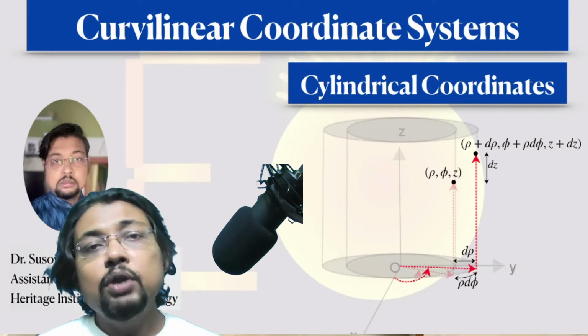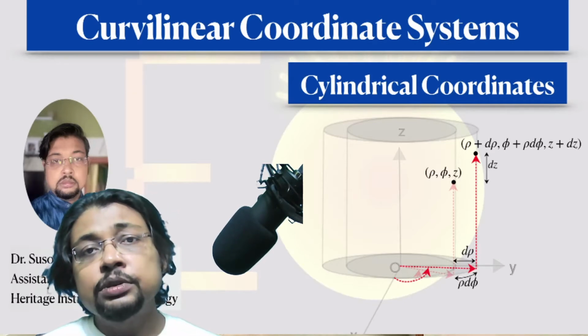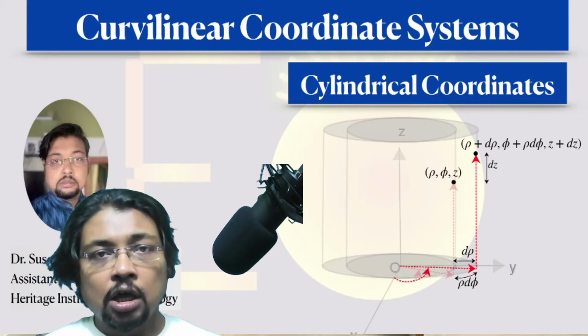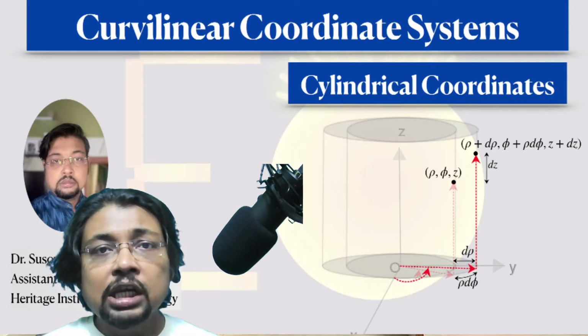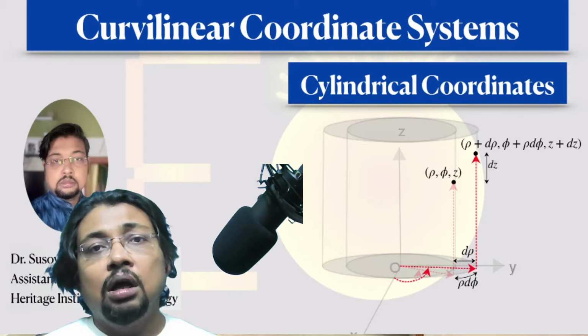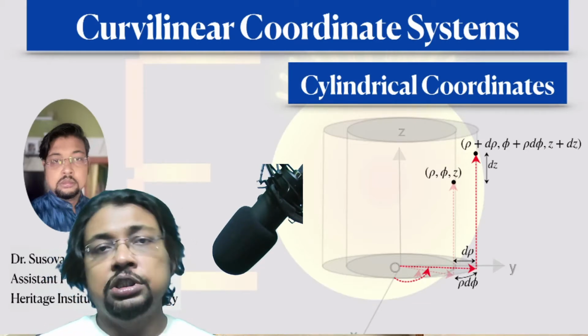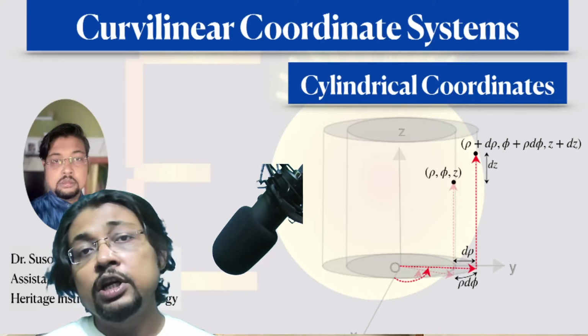Now, how can we decide which coordinate system we should use and when to apply it? Basically, it depends upon the type of problem, the type of geometry over which the problem is defined. For example, if you tell your friend that another friend went 1 kilometer or 10 kilometers from your current position, your current position will be the origin of the geometry because you have referred to it.